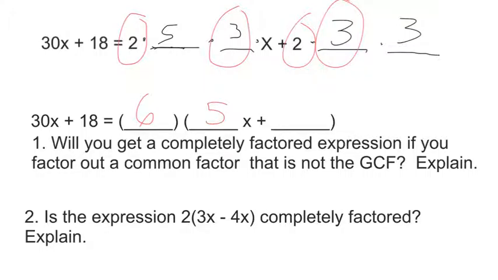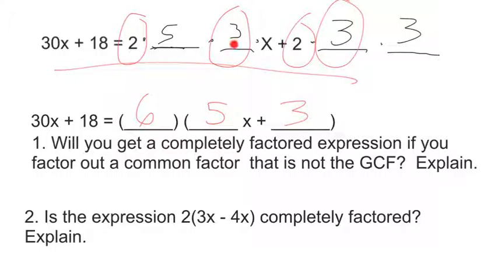The x is already written there for you. What's left over here? The 2 and the 3, we're going to take those out for the GCF. What's left? Just a 3. So we're going to put a 3 in here. And this should be filling in spots, I believe it's A, B, C, and A, B, and C. The one middle spot has all of this just rewritten so you can circle it.